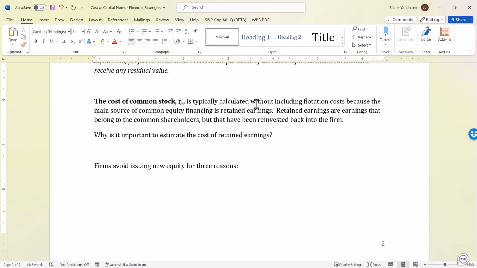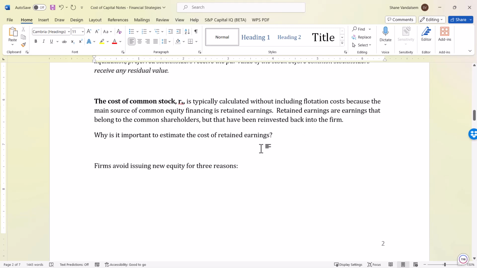So whenever a company initially issues stock, they have an IPO, just like they do with the preferred stock, and they're going to get some money from it at that point in time. But they're going to also retain earnings that could be paid out to those stockholders throughout the life of the firm. So retained earnings are earnings that belong to the common stockholders, but they've been reinvested back into the firm.